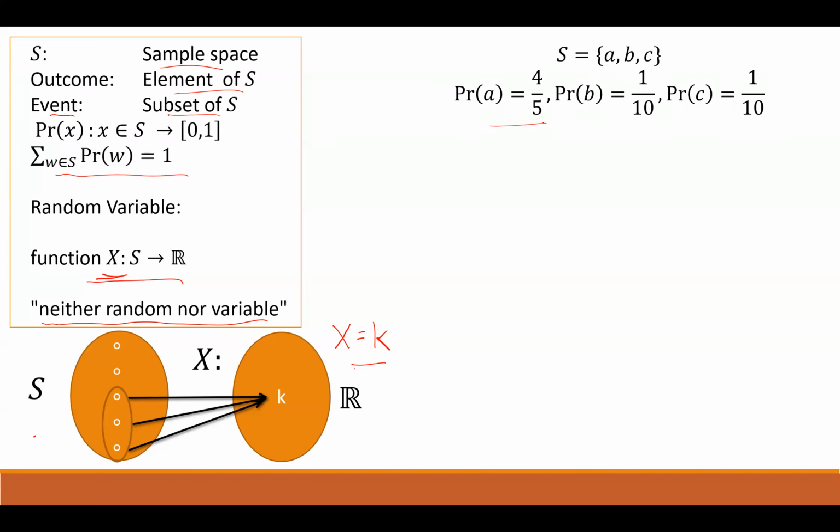So I'm going to select one of these at random: A with probability 4/5, and B with probability 1/10, and C with probability 1/10. And I'm going to define a random variable on them. So x, if I pull an A, then x is equal to 1. If I pick B, then x is equal to 2. And if I pick C, then x is equal to 3.